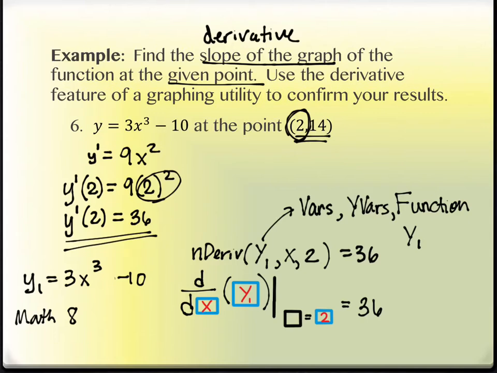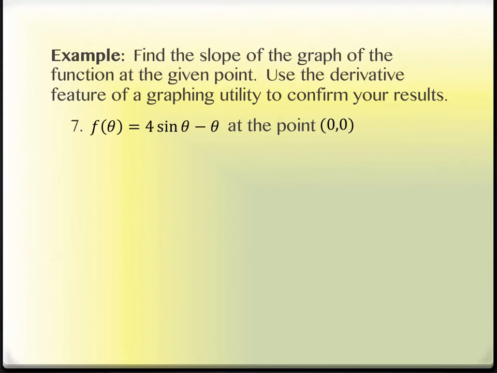We're going to try another one. This one's got a little bit of trig in it. So we have f of theta equals 4 sine theta minus theta. We're at the point 0, 0. So first of all, we're going to find our derivative. Our variable is theta. So what's the derivative of 4 sine theta? 4 cosine theta? Good. 4 cosine of theta. And what's the derivative of theta? 1.